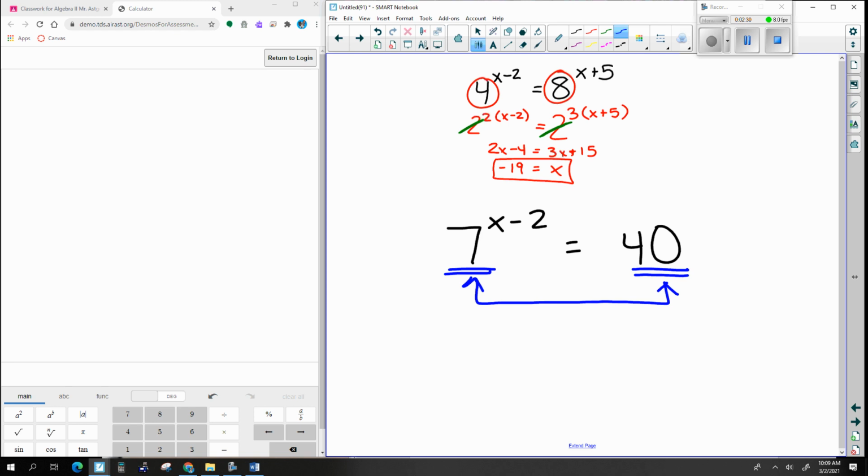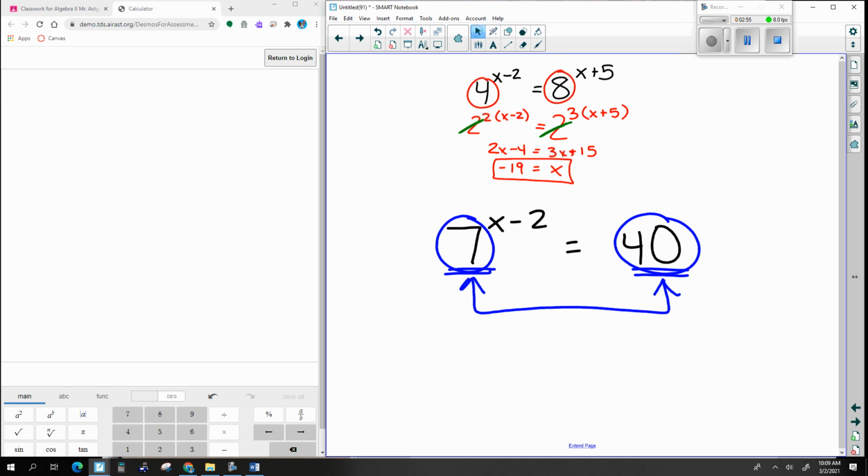Like, 40 isn't 7 squared or something like that. These numbers may be a power of something, but you are not able to get the base to be the same in any way. They're going to be different. So that's one key difference.